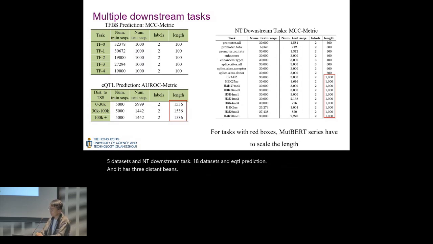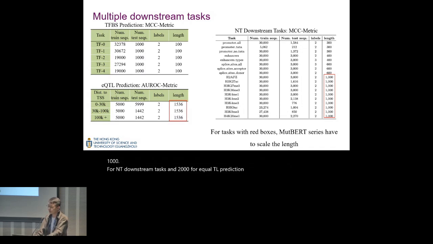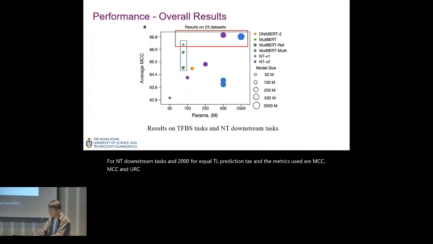For tasks with red boxes, the MutBERT series scale the model length from 500 to 1,000 for NT downstream tasks and 2,000 for eQTL prediction tasks. And the metrics used are MCC, MCC, and AUROC respectively.